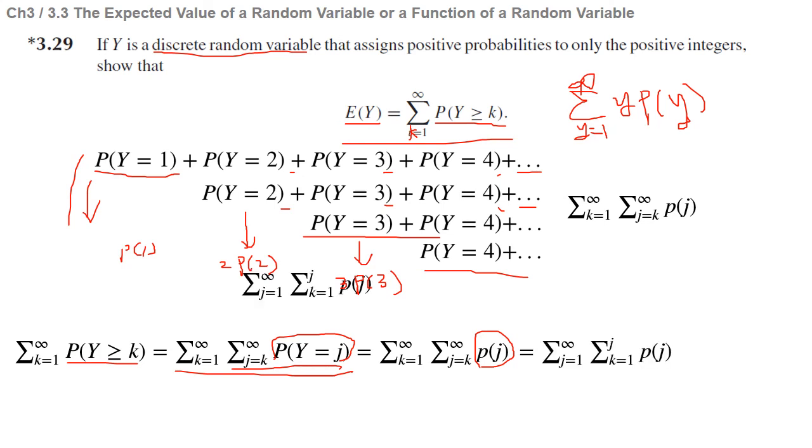If you are summing in a different direction, changing the order of these two sums, it can be converted this way, and this is the sum over j from 1 to infinity of j times p_j, and this is the expected value of Y. So this is the solution for problem 3.29.